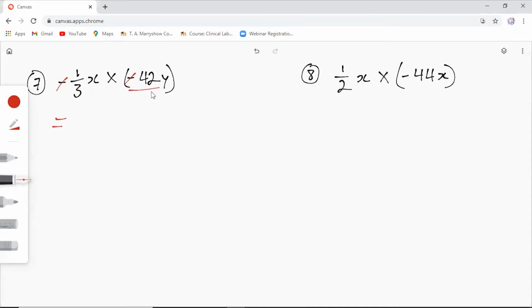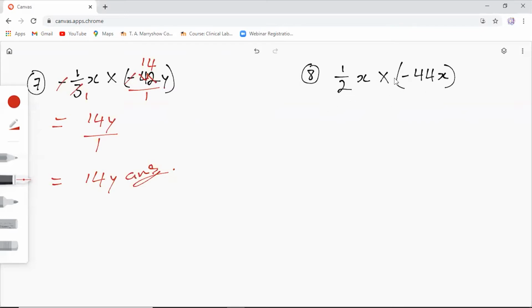Then we can put this over 1 and cancel 3 into 3, 1. 3 into 42, well, let's see, 3 into 4 is 1, remainder 1, and 3 into 12 is 4. So 3 into 42 is 14. So we can multiply our numerator now. 1 times 14y would give us 14y. And 1 times 1 is 1, so 14y over 1, which is equal to 14y. Okay, our answer. Good? We're going good.